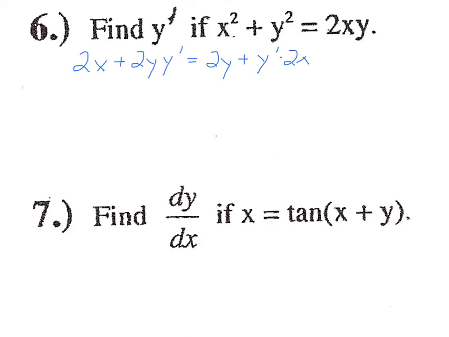And now I want to isolate y prime. So I'm going to subtract the 2y over to the left side and subtract the 2y y prime. Then I'm going to factor out the y prime.